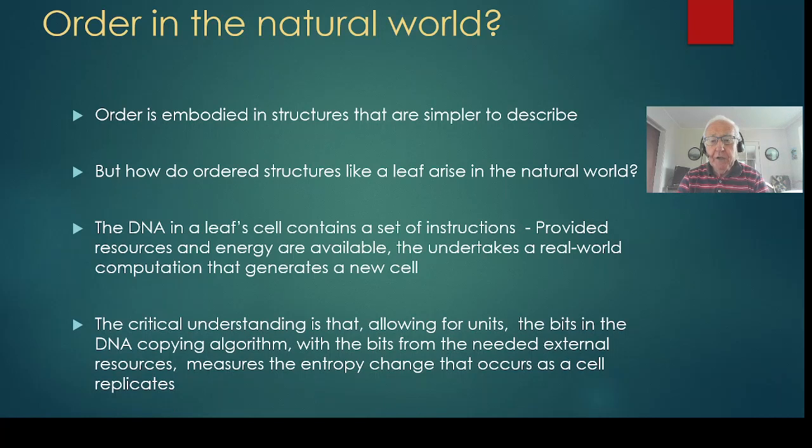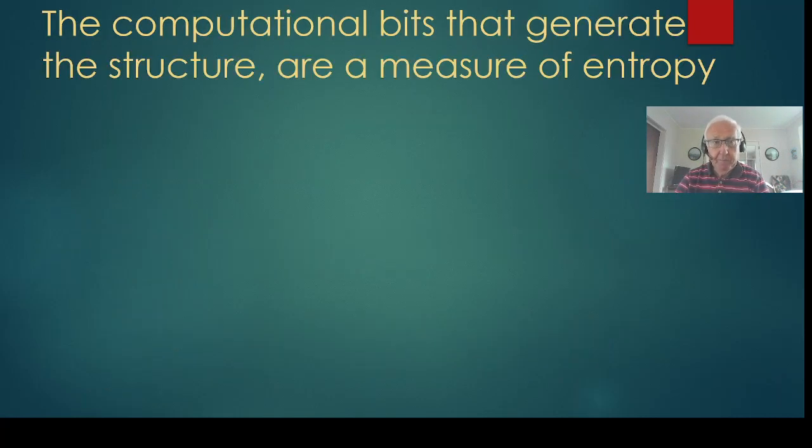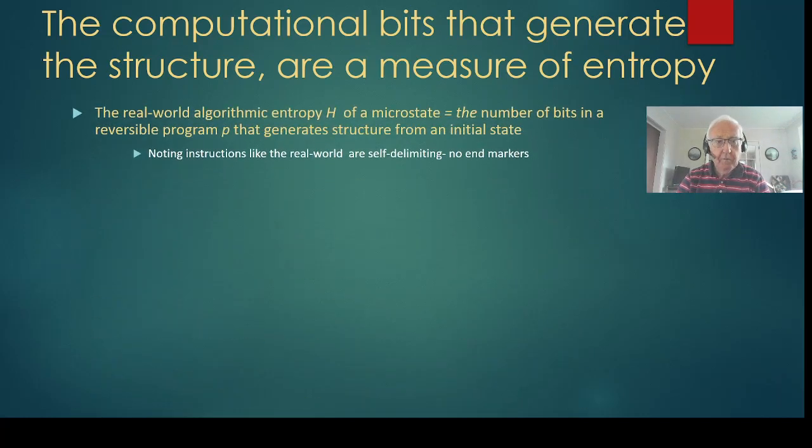The critical understanding is that, allowing for units, the bits in the DNA copying algorithm with the bits from external resources measures the entropy change that occurs as a cell replicates. The computational bits that generate the structure are then a measure of the entropy change.